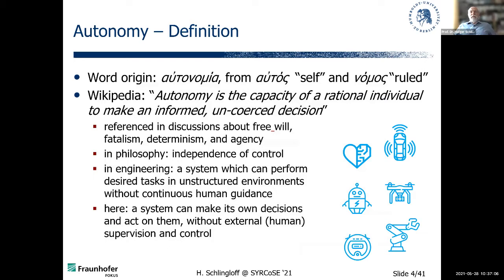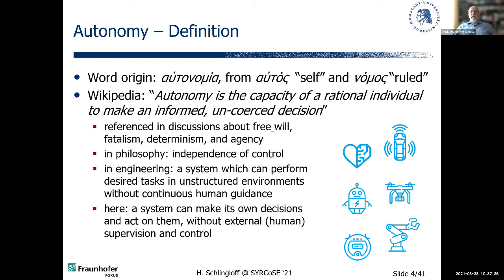And Wikipedia also defines autonomy as the capacity of a rational individual to make an informed, uncoerced decision. And it further goes on that this concept is referenced in discussions about free will, fatalism, determinism, and agency. And so there is a large body of literature in philosophy about independence of control.